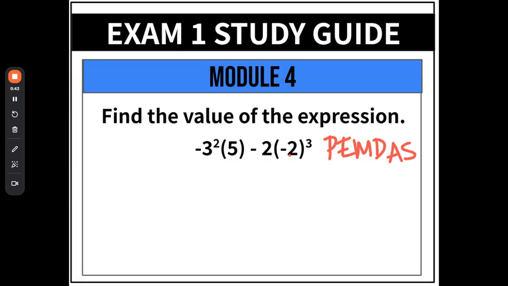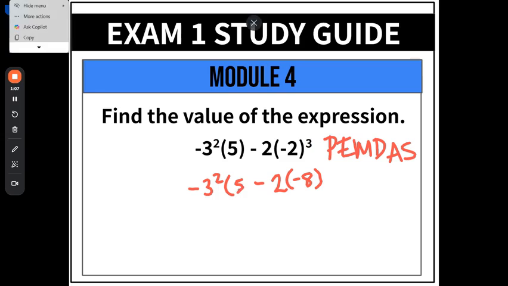So negative 2 cubed, since this negative is inside the parentheses, it's going to mean negative 2 times negative 2 times negative 2, which is going to give me negative 8. So I'm going to keep that in there just to make things easier for myself. Then I'm going to write the rest of the equation exactly as it appears.